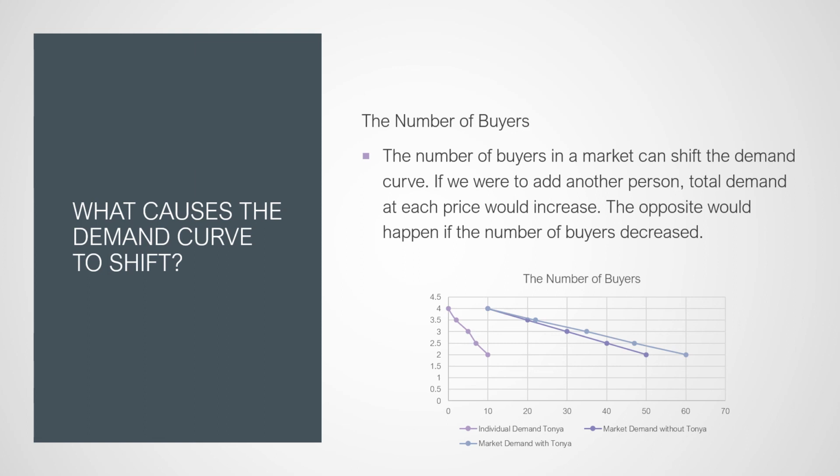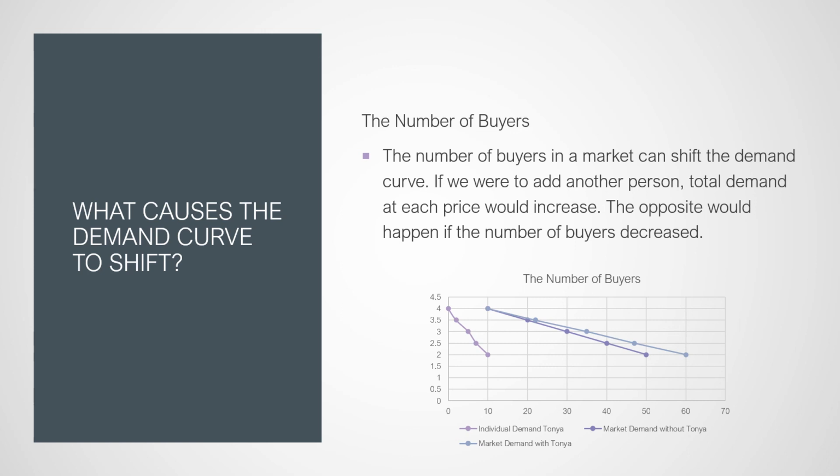In our graph below, we have taken the market for gasoline from our previous lesson. You'll remember when we did gasoline and how to construct a market demand curve. And we're adding a third customer or consumer, Tanya.